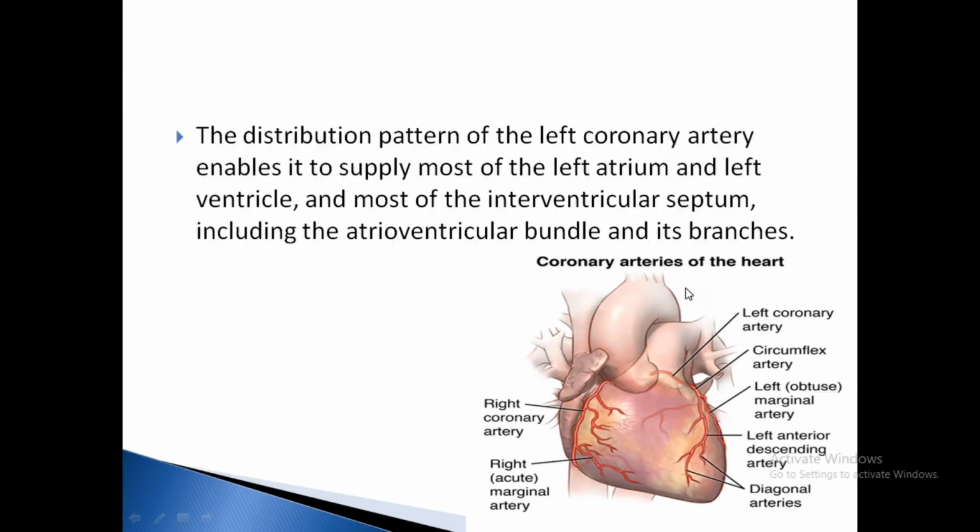The distribution pattern of the left coronary artery enables it to supply most of the left atrium and left ventricle and most of the interventricular septum, including the AV bundle and its branches.